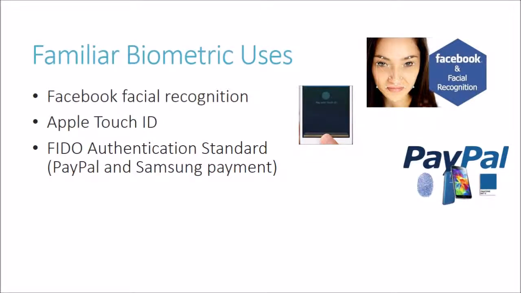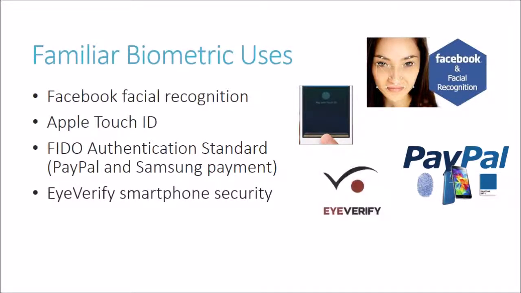Companies are creating biometric fast identity online, or FIDO, authentication standards to replace current password-based standards. Earlier in 2014, the first FIDO application was launched by PayPal and Samsung with the Galaxy 5S, which featured fingerprint authentication for merchant payments in some countries. iVerify is a smartphone security app that provides phone access using image matches of the blood vessel patterns in the white part of a user's eyeball.